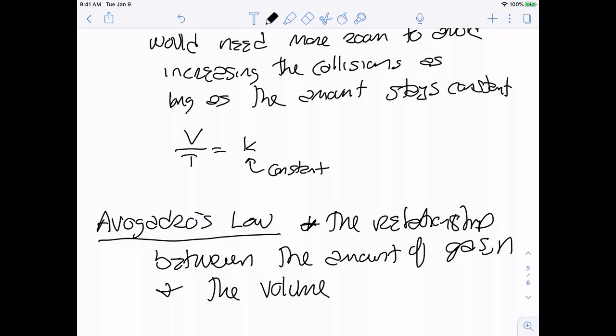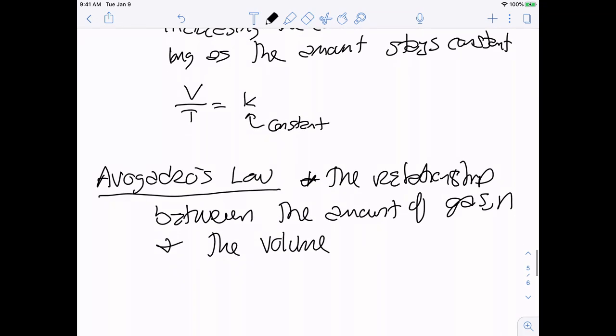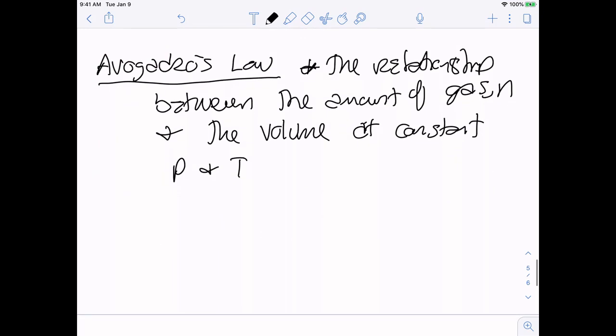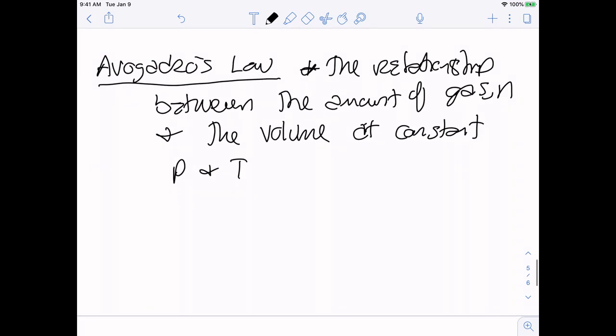So how much do I have and how much space does it take up? And then of course this is at constant pressure and temperature this time, right? The two things that I'm not varying are held constant. So for this one, we're varying the amount, so N, and then the volume.